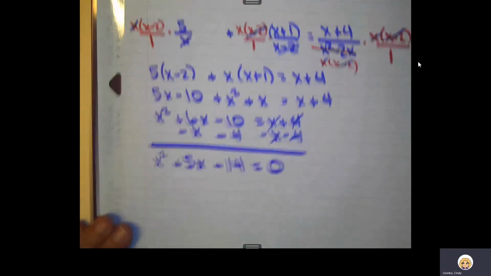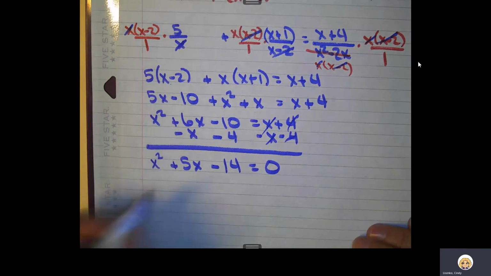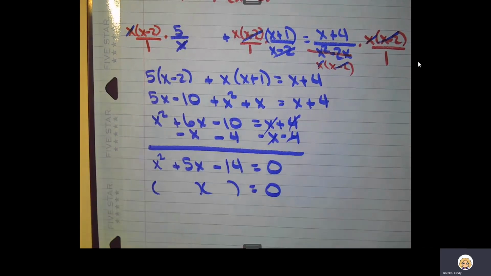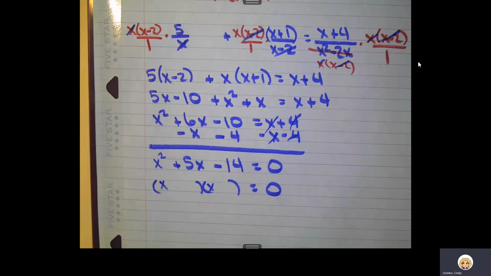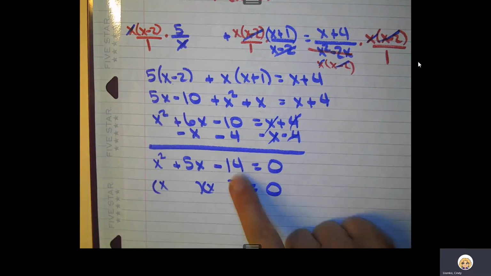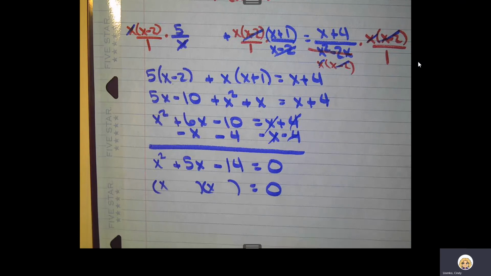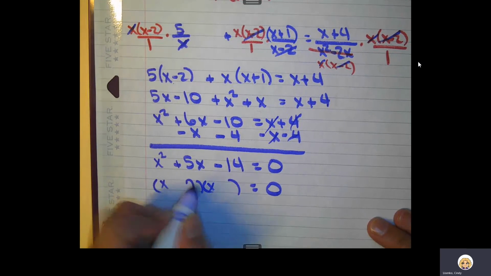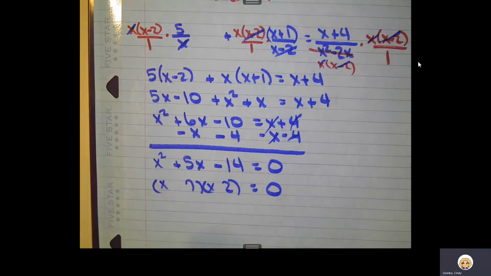Now that we have it equal to 0 and there's a power of 2, we can factor. So we're going to do 2 sets of parentheses. Don't forget equals 0 at the end. X and x in the front. Factors of 14 that subtract to give us 5 would be 7 and 2. We want positive 5, so that would be 7 minus 2. So 7's positive, 2's negative.